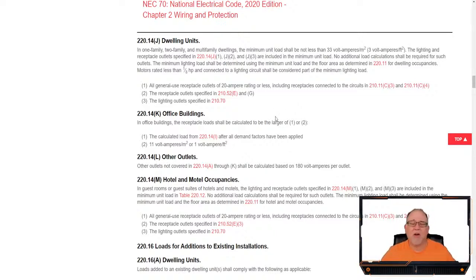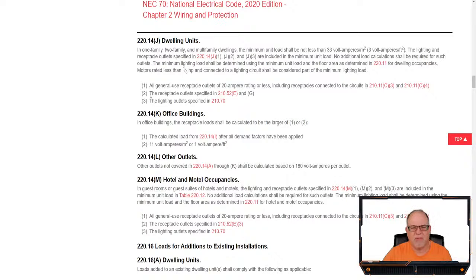What it means is they're already figured into the 3 VA. I don't have to take 1500 VA like we do for the laundry and like we do for the small appliance branch circuits. Those aren't general use. But the general use stuff is already covered in that 3 VA per square foot. So we're already taking care of those.